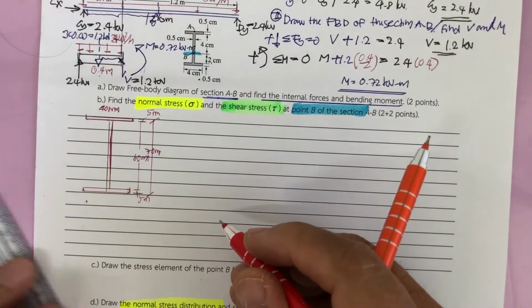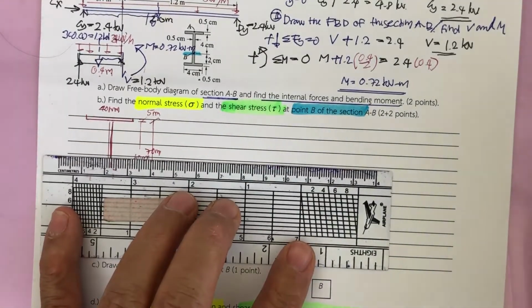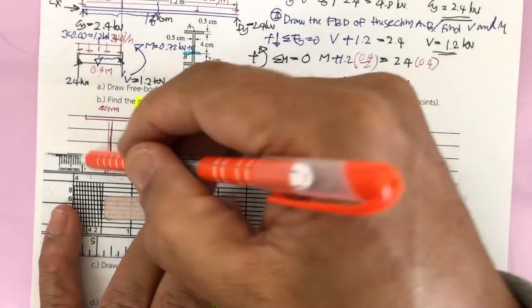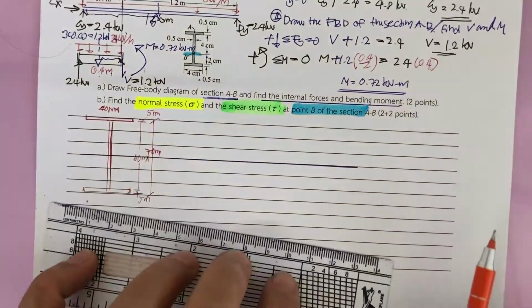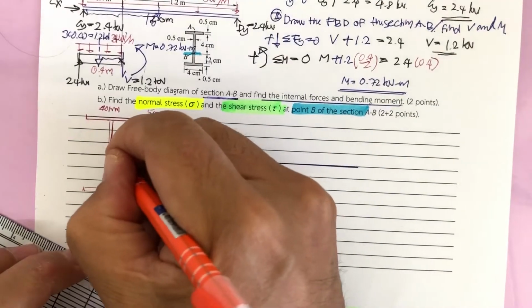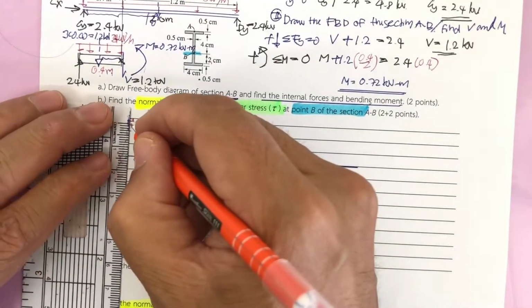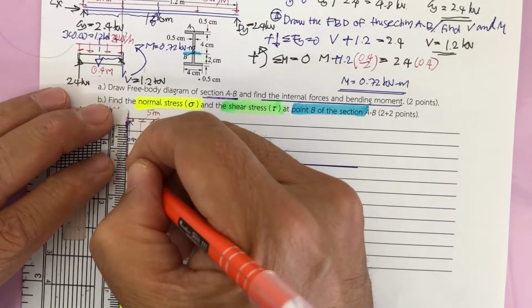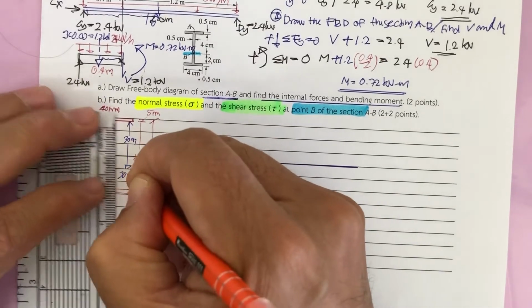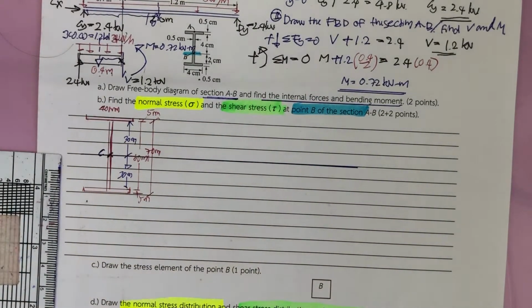We can see this is going to be the middle part, the neutral axis of our section, and this is going to be the centroid of the section. Based upon this, we have this one for 30 millimeter and this one for 30 millimeter. The web is separated into 2 parts.